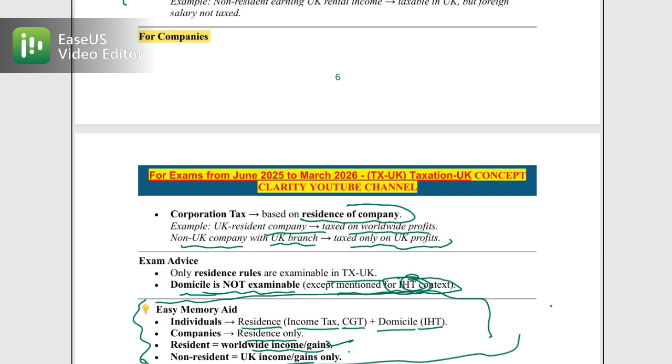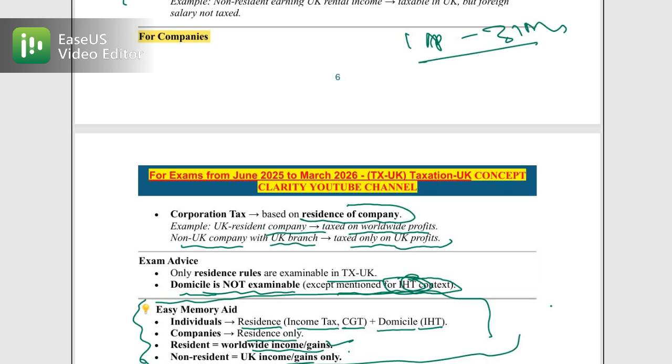So what you have to remember: for corporation tax, the accounting period is a maximum of 12 months, and the financial year is fixed from 1st April to 31st March, with apportionment where they overlap.